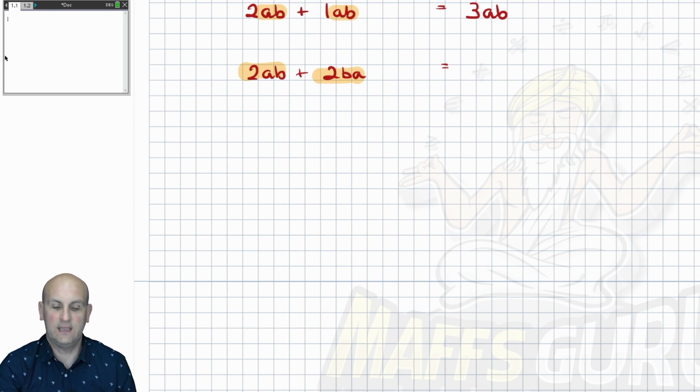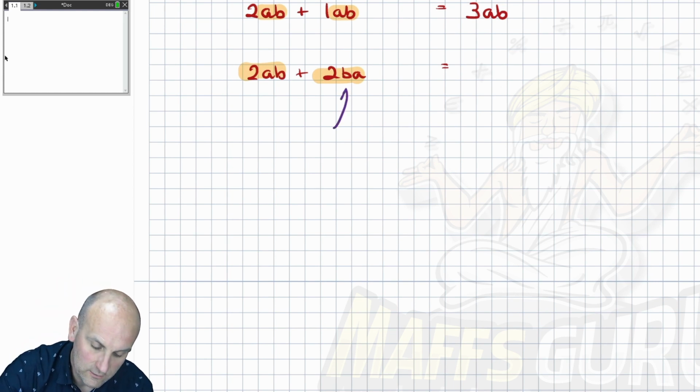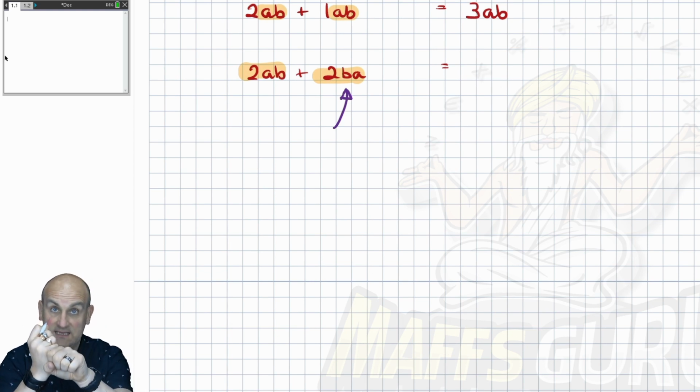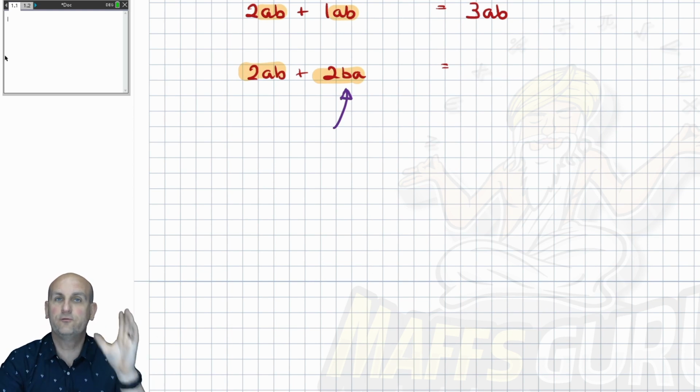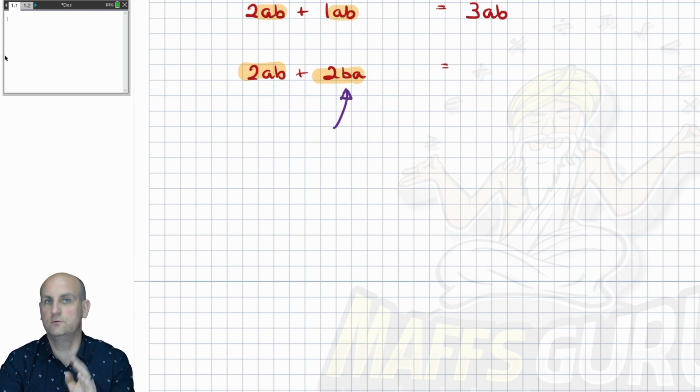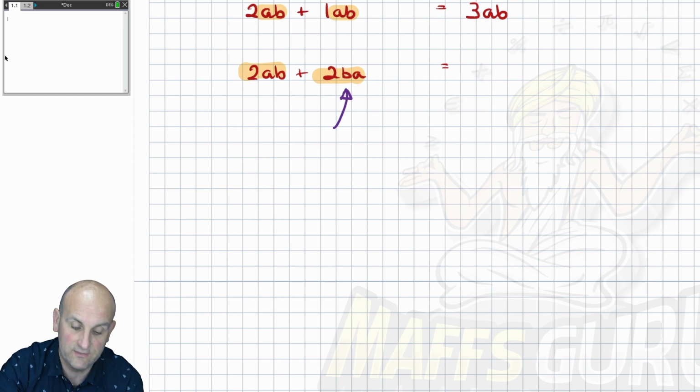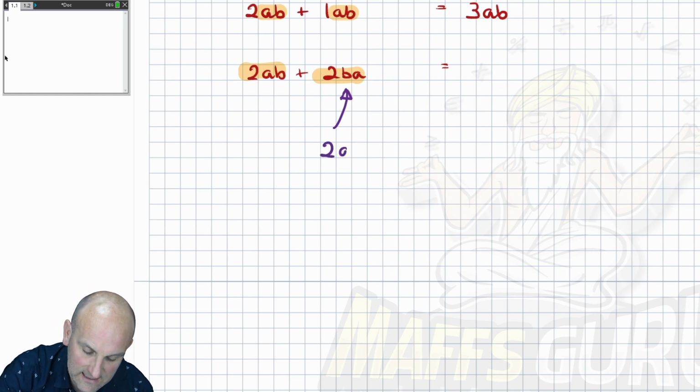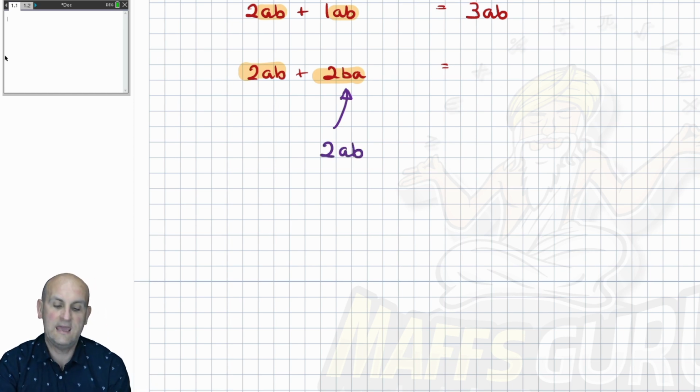Generally speaking, where things are written all stuck together, we always write the letters in alphabetical order. So it always starts with a number, and then the letters are in alphabetical order. So actually that there is exactly the same as 2ab.